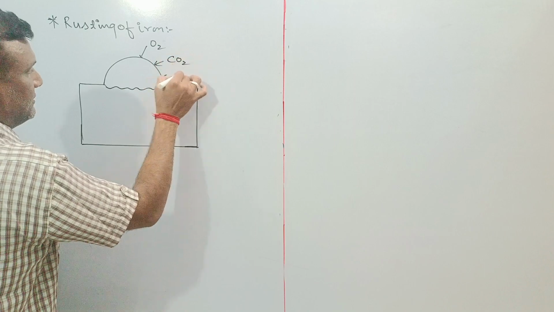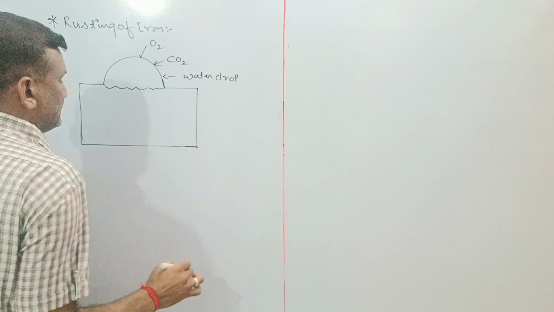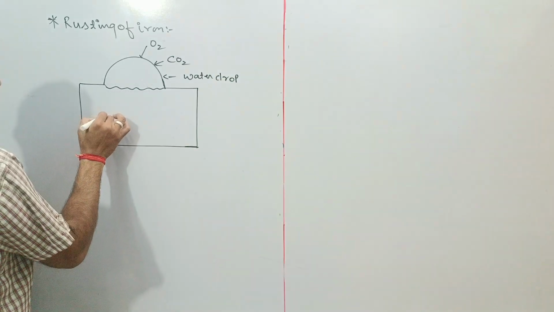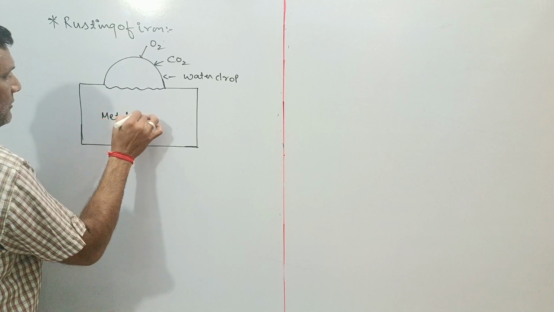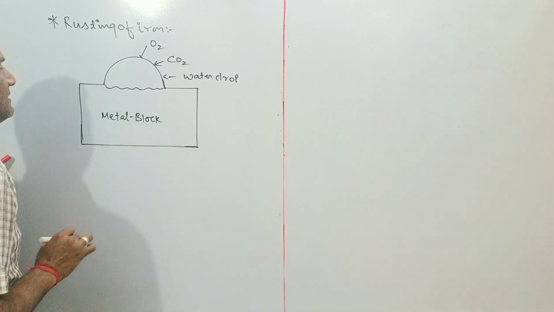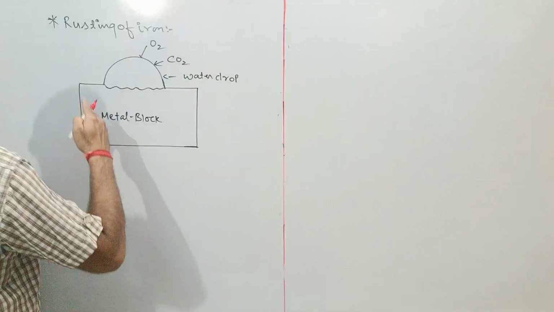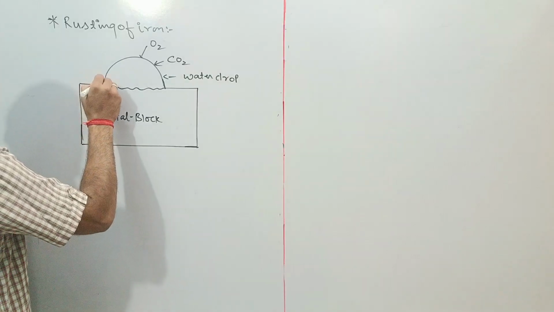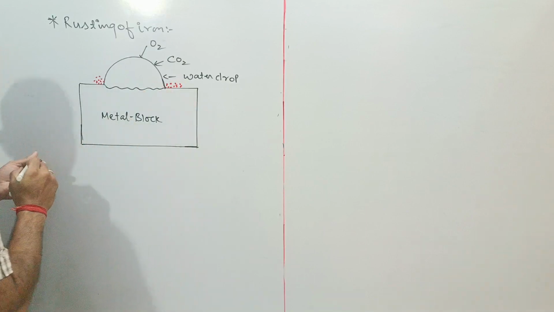This is the water drop, and this is the iron metal block. Over here there will be formation of a red brown substance, which is called rust.